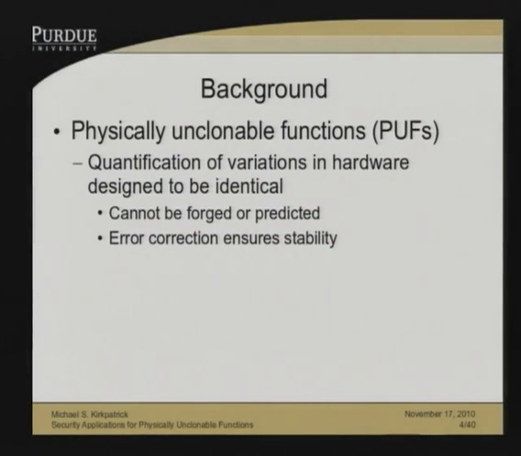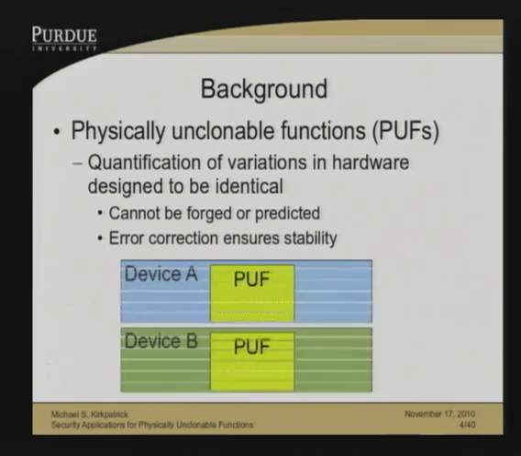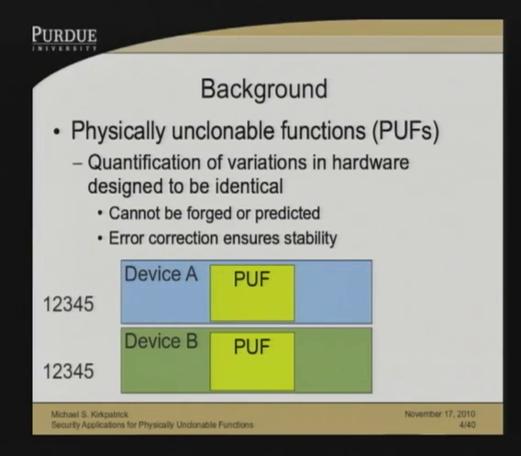And because these variations are so small, you can't measure them, you can't control them, so you can't forge them. They also can incur a little bit of noisy data. There can be a little bit of inconsistent behavior. So you do have to make sure you incorporate some error correction to make sure that you get stable behavior out of the PUF.